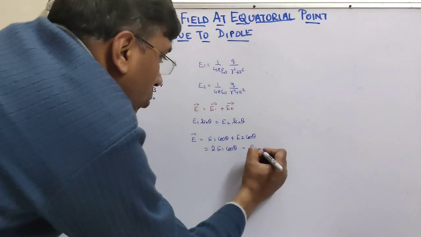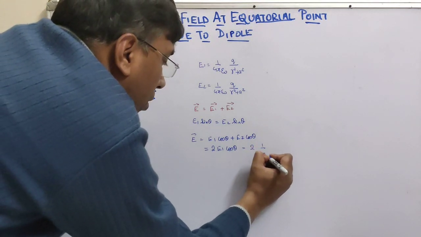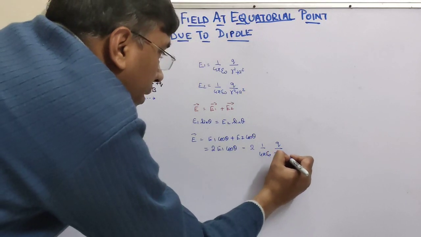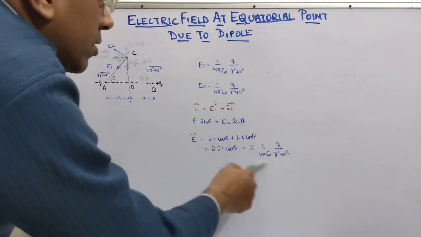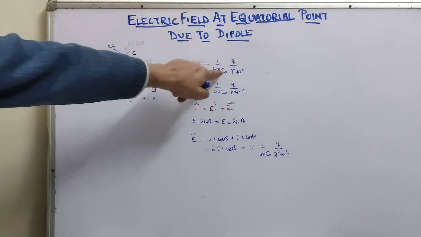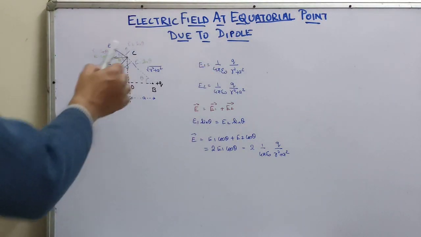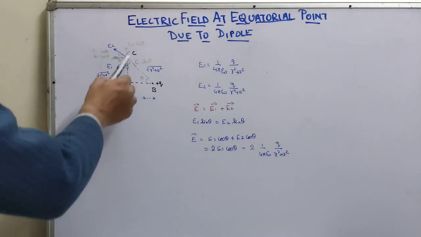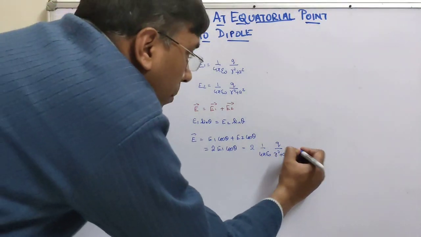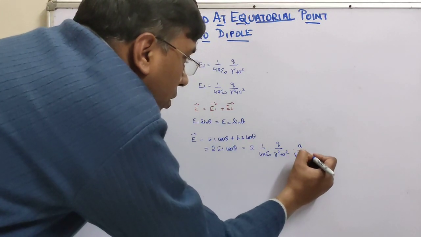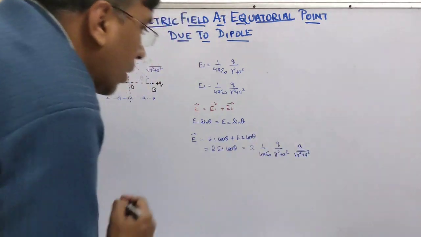This can be written as 2 into 1 upon 4 pi epsilon naught Q upon R square plus A square. Now this value which I have written is nothing but the magnitude of E1. And for cos theta, if you look at this triangle AOC, it would be base upon hypotenuse. So the base is A and the hypotenuse is under root R square plus A square.